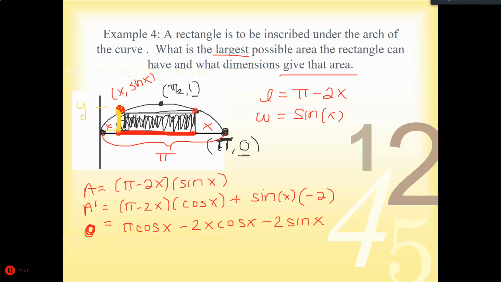A lot of optimization questions are calculator based, since we can't just simply get these answers. This isn't something I expect you to know, and it's not like an easy answer. So this occurs when x is 0.710, and I did do 3 decimals for that one.